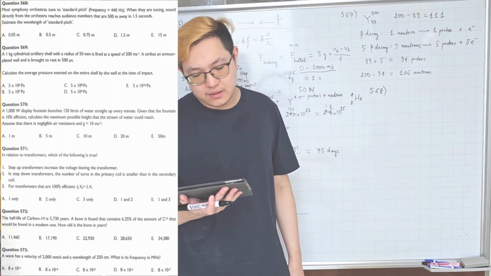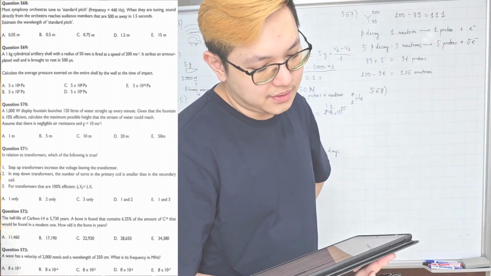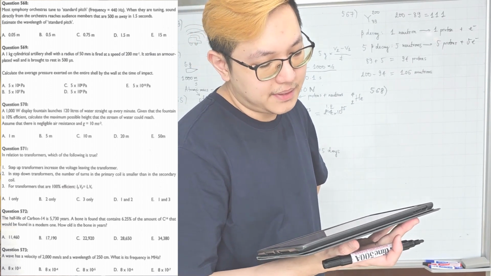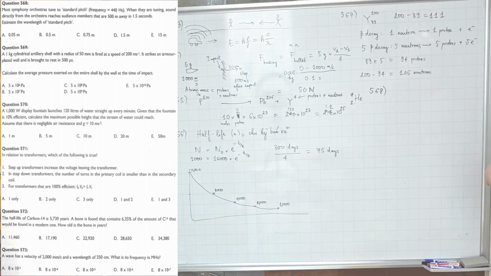Most symphony orchestras tune to standard pitch, frequency 440 Hz.